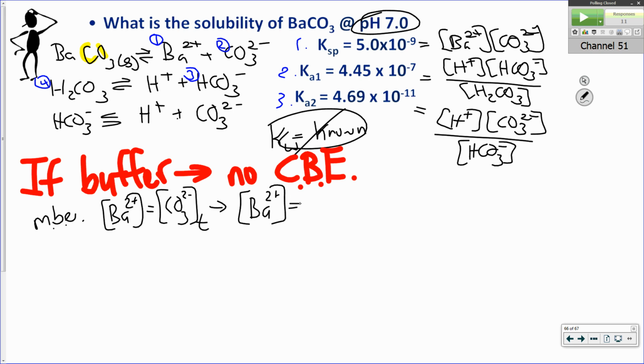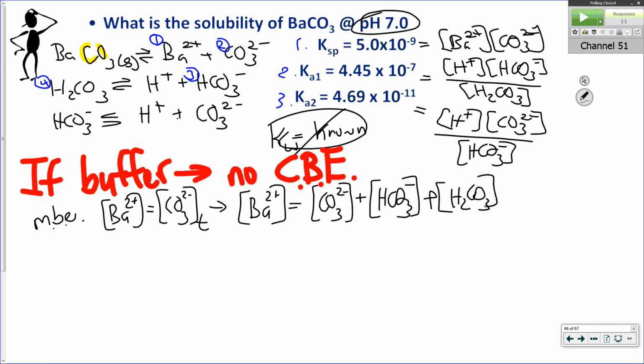The carbonate can be in the form of the free carbonate, as it dissociates into, or it can pick up a proton and be in the form of bicarbonate, or it can pick up a second proton and be in the form of carbonic acid. All right, now I have 4 equations, 4 unknowns. I have a mathematical solution.